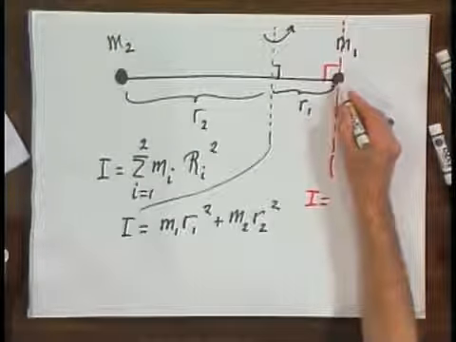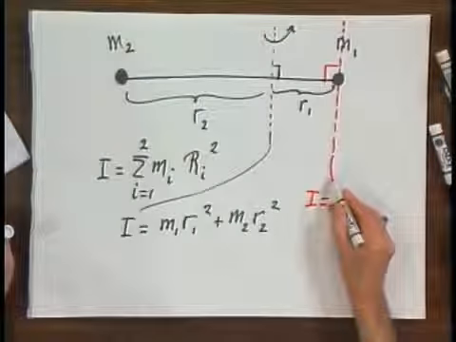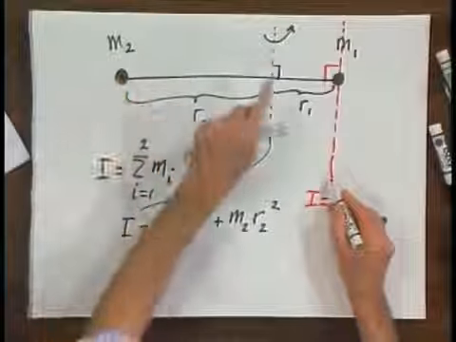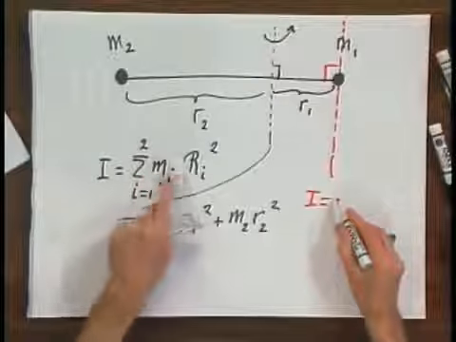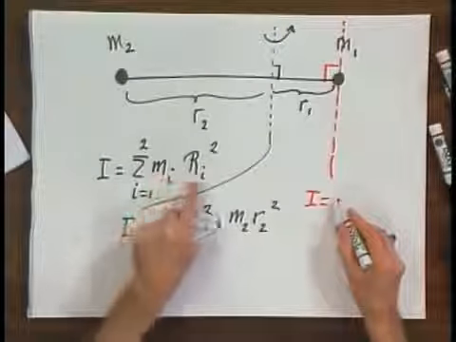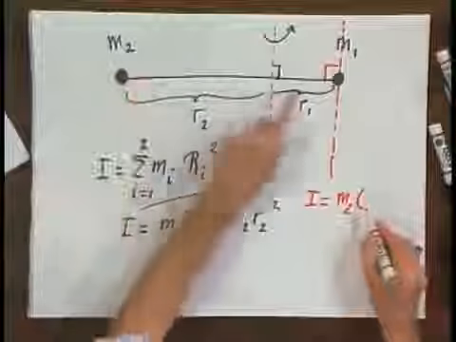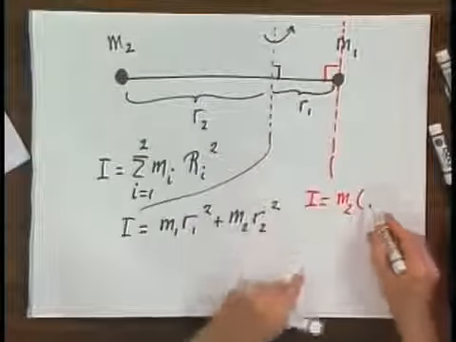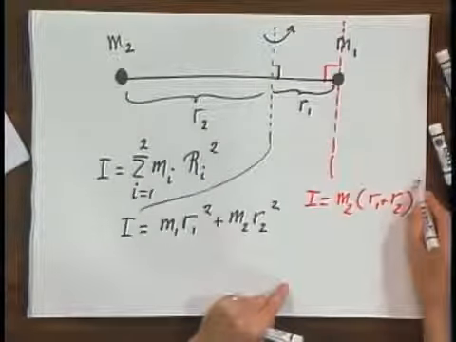There is no distance between this mass and this axis of rotation. So the only mass that contributes to the moment of inertia is mass 2, and so we now find that the sum of m_i r_i squared is now simply m2 times the distance from m2 to this axis, which is (r1 plus r2) squared.